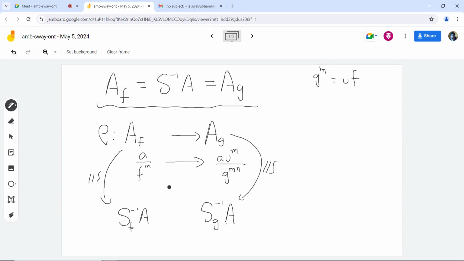And we would like to show that this map phi, which will be defined via this diagram itself, does not depend on f and g.